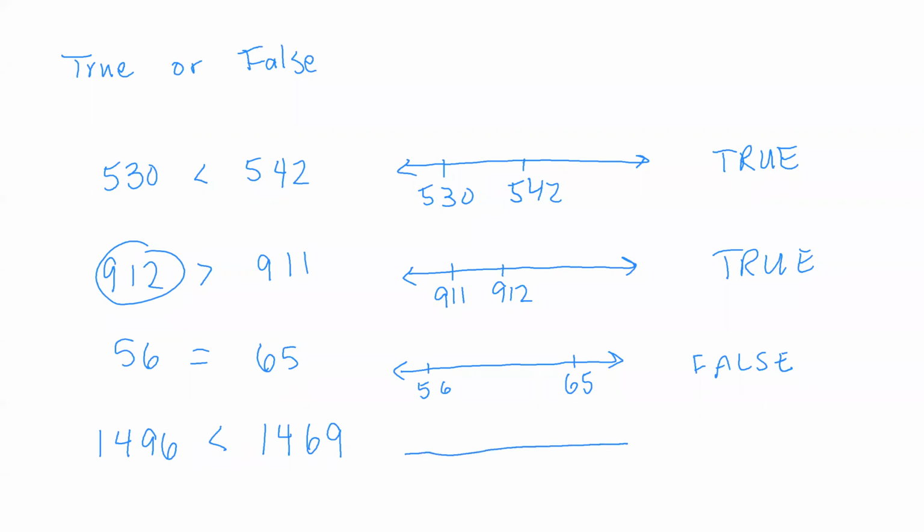Well, if I were counting, I would get to 1,469, and then it would be a little bit before I got to 1,496. 1,496 actually comes after 1,469. So this right here is not true. This is false. All right? 1,496 is greater than 1,469.